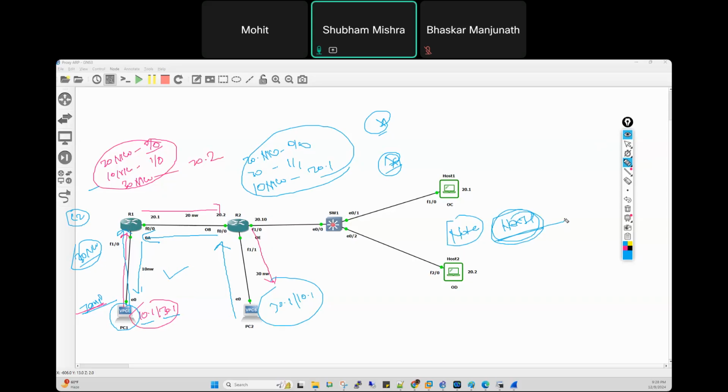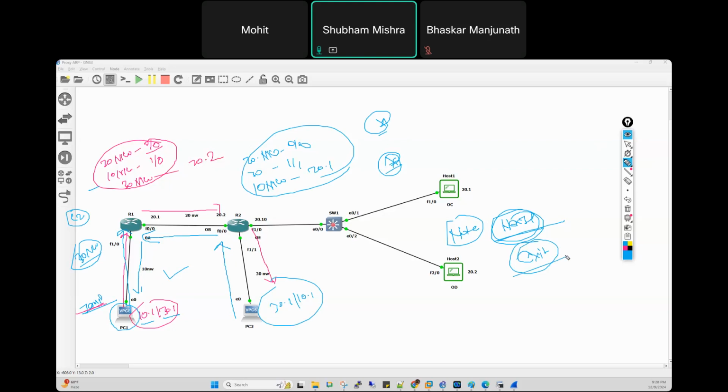Again, I am telling, router never forwards a packet on the basis of next hop IP address. If you are configuring the next hop IP address, in this case also, router will forward your packet on the basis of exit interface. Router हमेशा exit interface को देख करके ही पैकेट फॉरवर्ड करता है.